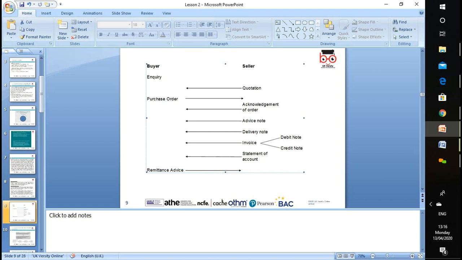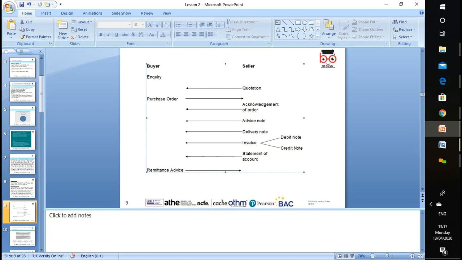Then they send you the invoice, which you receive, and after that you have to make the payment. There are also the debit note and the credit note. Sometimes you return goods, you have already made the payment, and they send you the credit note, which can be adjusted in a future statement. Then the statement of accounts shows how much you owe or they owe to you. Then we can pay and send the remittance advice.